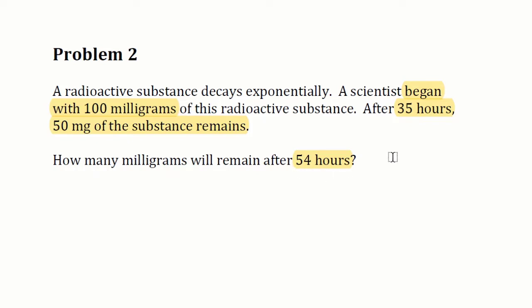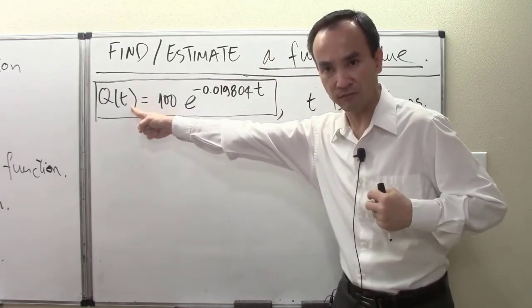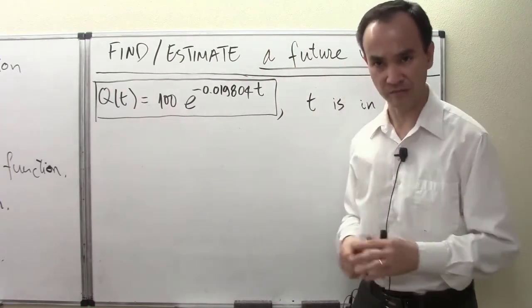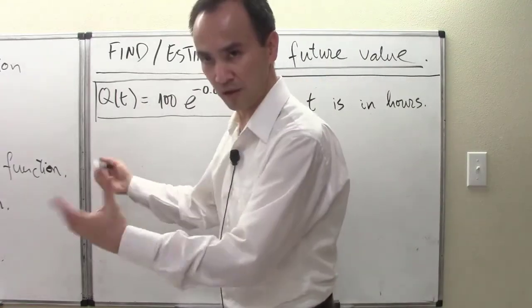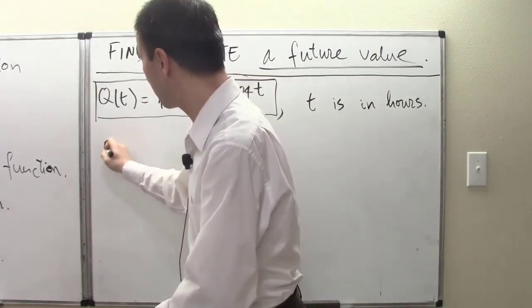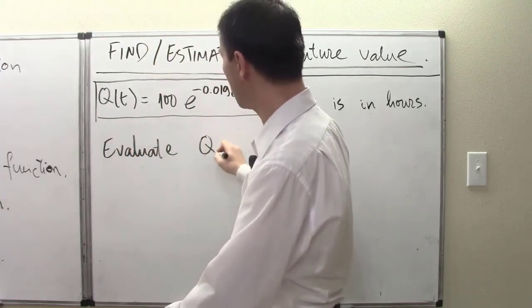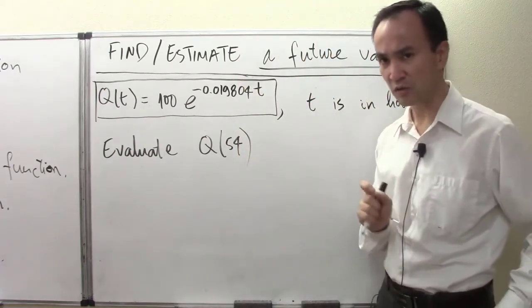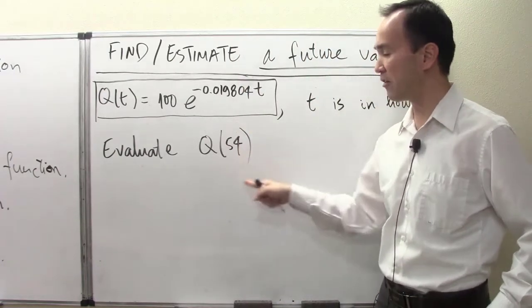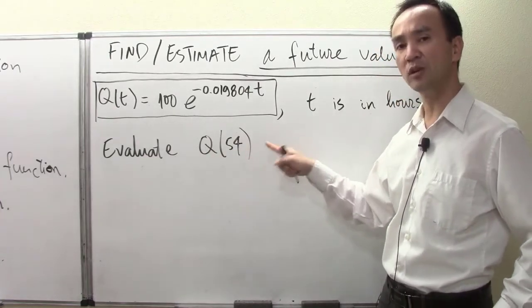That means the question of this problem is nothing but evaluating the output of this function when t equals 54 hours. Symbolically, we want to evaluate Q of 54 in functional notation. We want to evaluate the value of our quantity function when t equals 54.